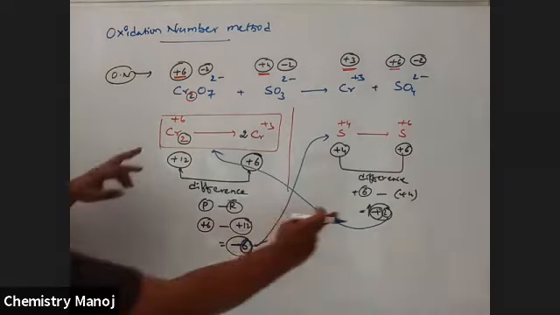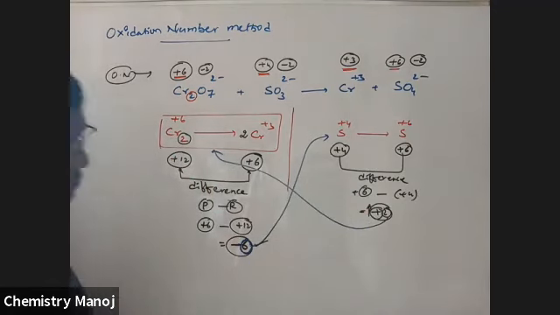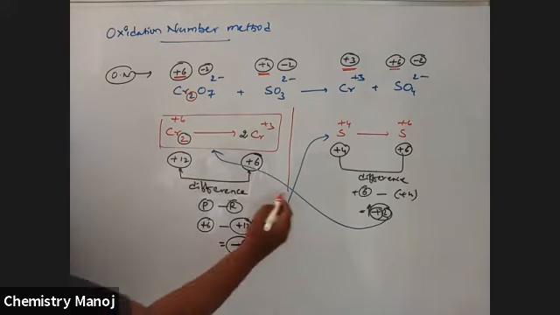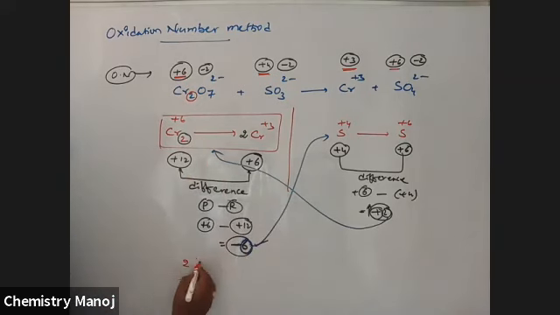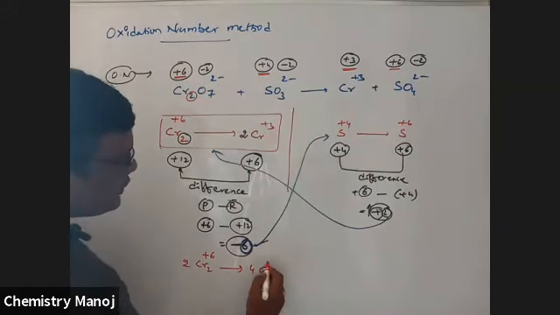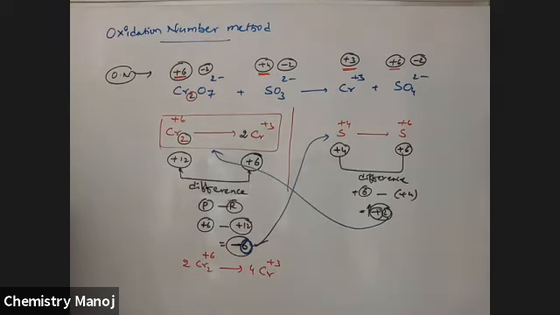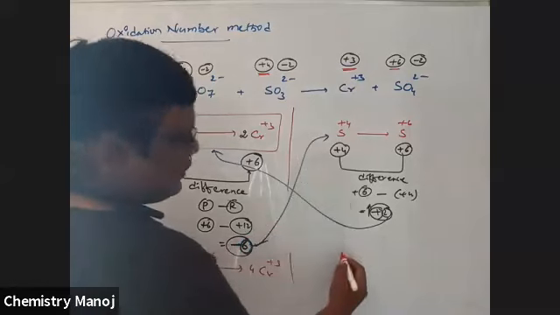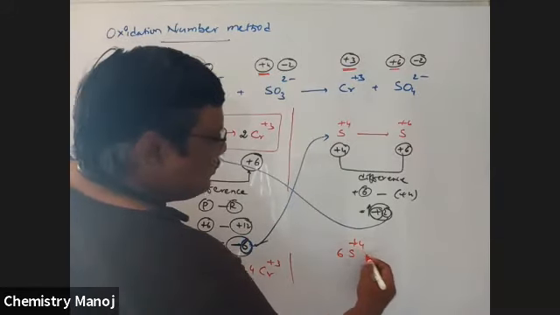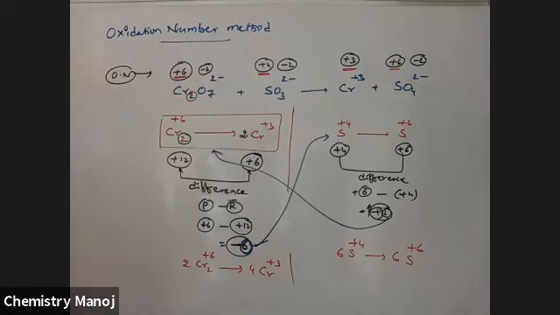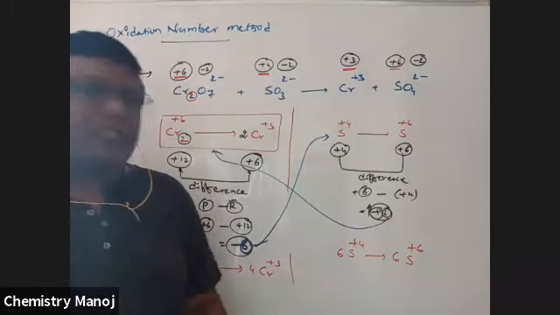So 2 into 2 Cr2 plus 6 gives 4 Cr plus 3. Next, there 6 into S plus 4 gives 6 S plus 6.